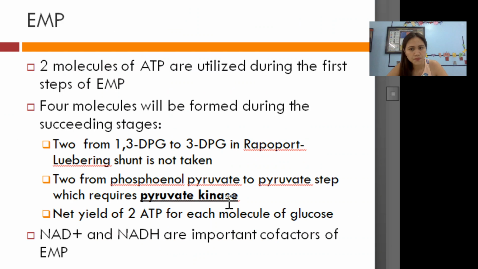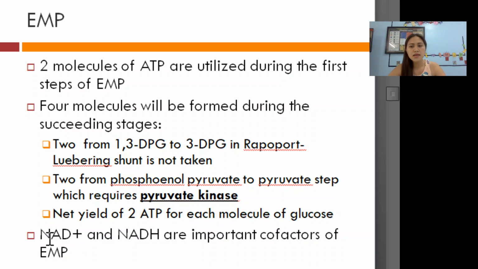So again, it requires pyruvate kinase, and after it was successfully converted, then it will yield 2 ATP for each molecule of glucose that will undergo glycolysis.